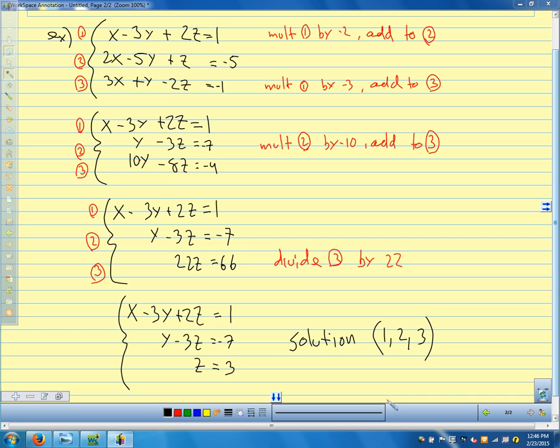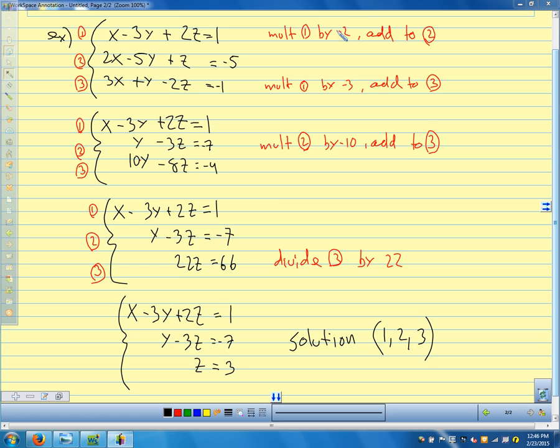Now, the important thing to remember as we do these operations, when we multiply one equation by a number and add to another equation, we're replacing one of the equations with the result that we get. So we want to be able to simplify our system, so we're always replacing one of the equations by our result.